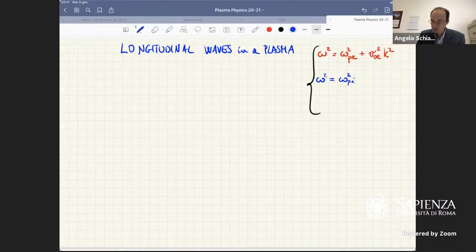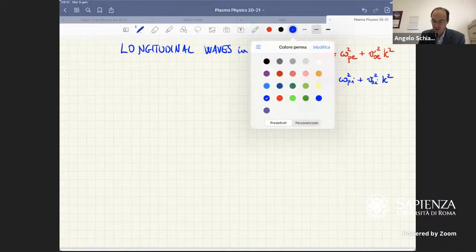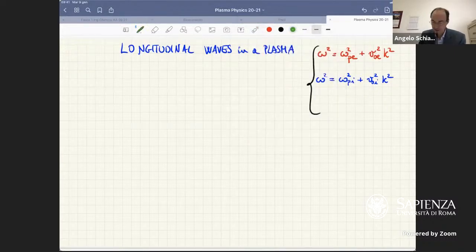And obviously, by analogy, we get a characteristic velocity of the ion squared times K squared. And here again, this characteristic velocity is just gamma kB, temperature of the ions, divided by the mass of the ion. So it's very close to the thermal velocity of the ions. And then we have another dispersion relation with, let's use the green color here.